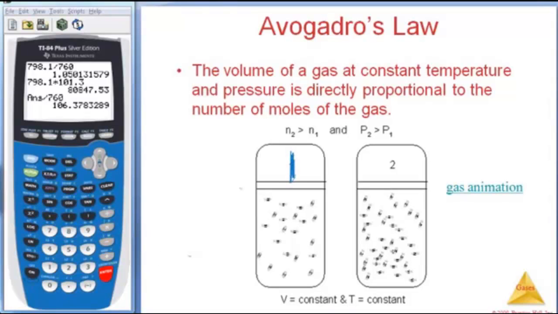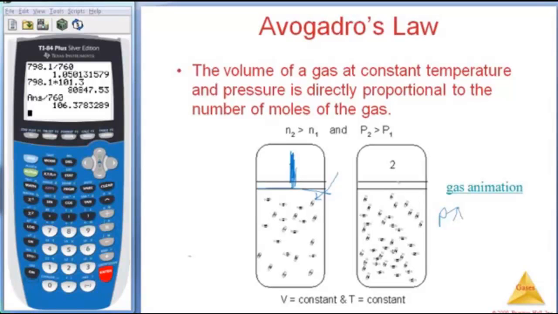And I hold the volume constant. Don't let the cylinder move. Through some injection port, I add another set of particles, the same number of particles. What's going to happen is my pressure is going to go up, right? If I'm keeping it the same volume.